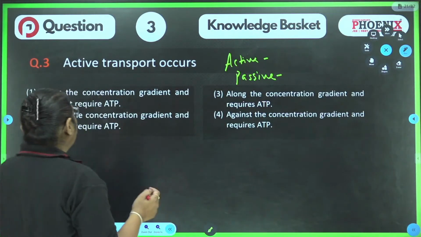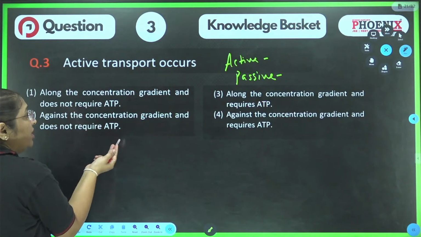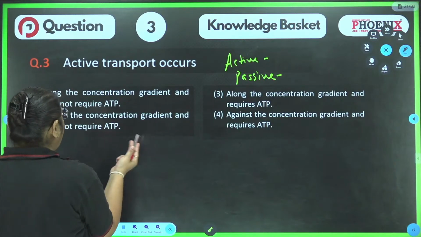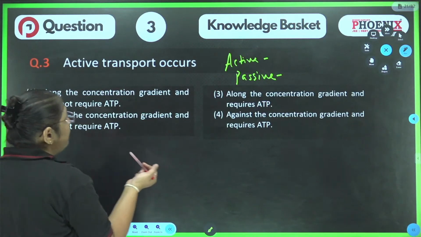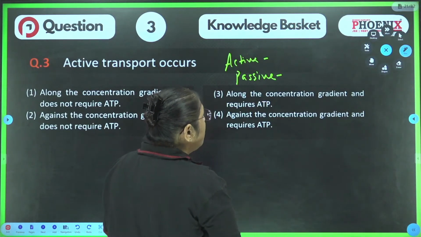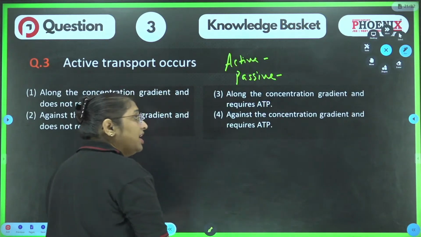The options given: along the concentration gradient and does not require ATP; against the concentration gradient and does not require ATP; along the concentration gradient and requires ATP; against the concentration gradient and requires ATP.